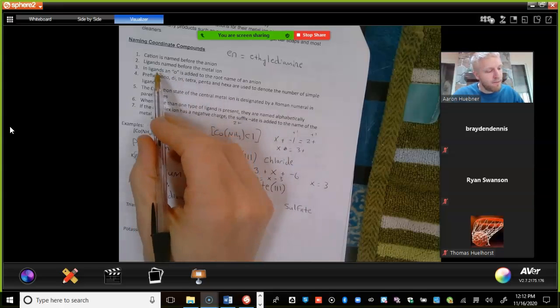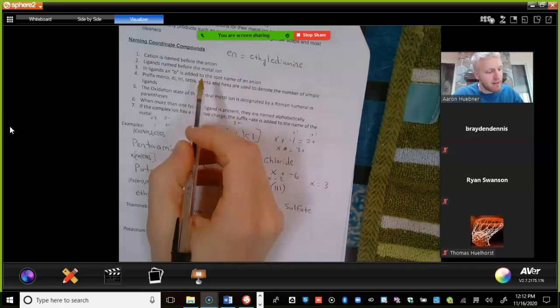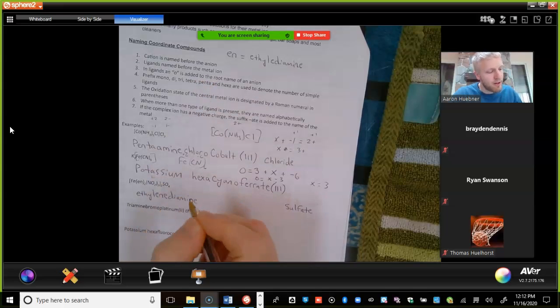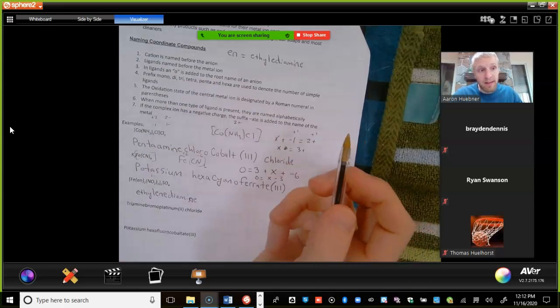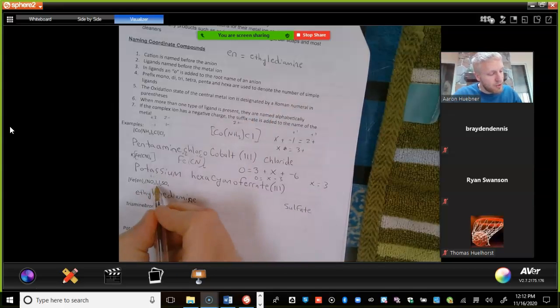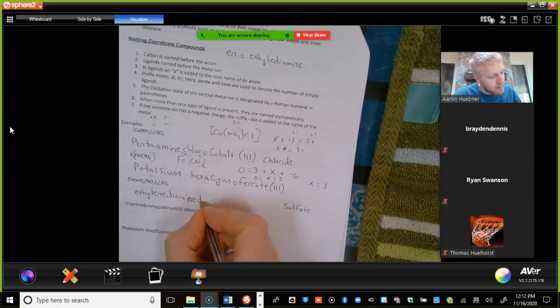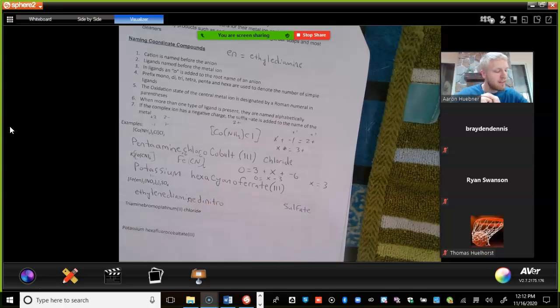And whenever you have a negatively charged ligand, and that's definitely a negative 1 charge, you got to add O to the ending, so nitro. But there's 2 of them, so we're going to call it dinitro. And some people probably already have this done, so feel free to do it on your own as I walk through it. We got ethylene diamine dinitro.